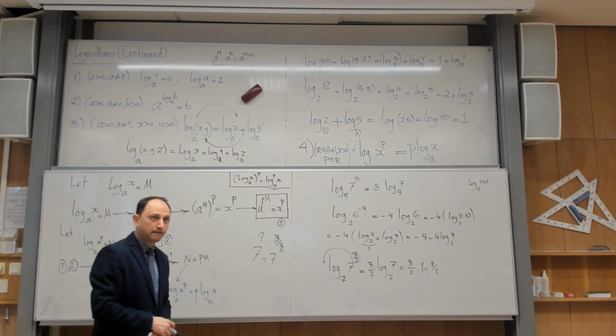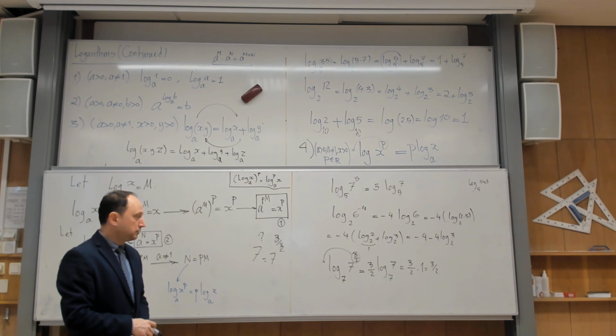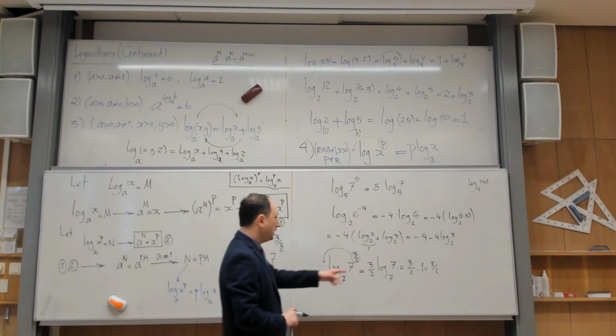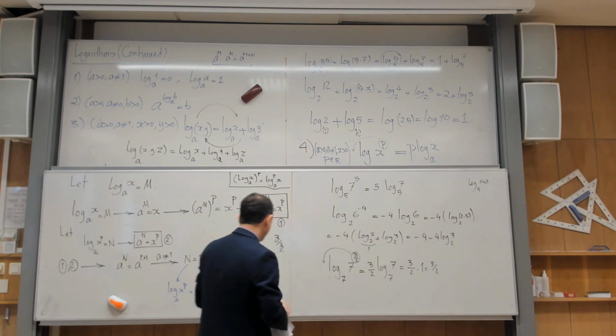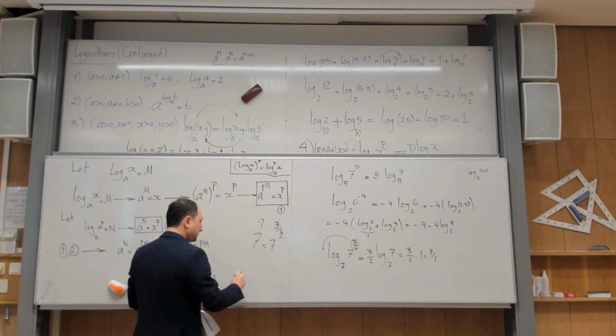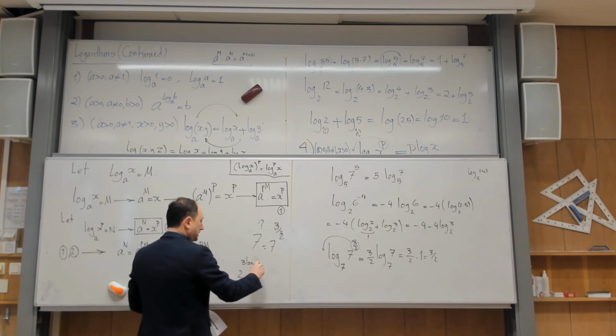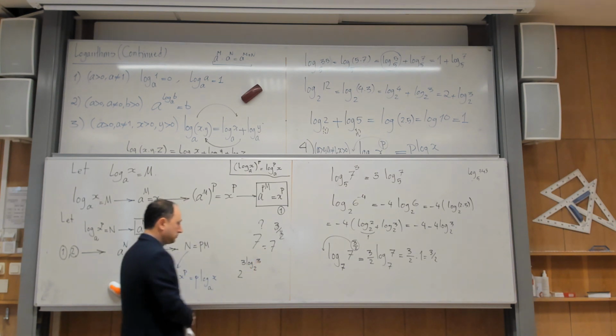Yes? Is this useful in reverse? Yes, sometimes it is also useful in reverse. Sometimes you have something here, you put it back on top. For example, how do you calculate 2 to the power of 3 log of 7 in base 3?